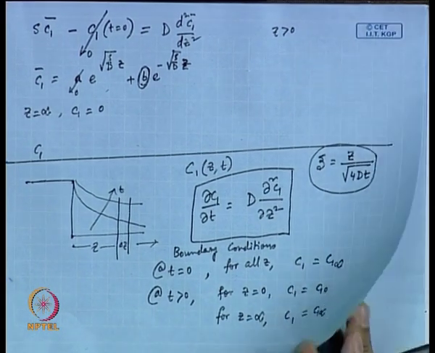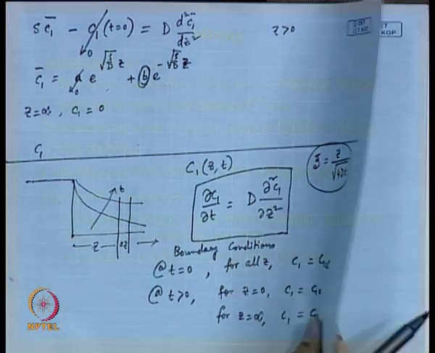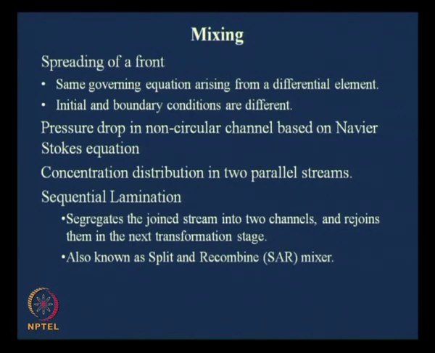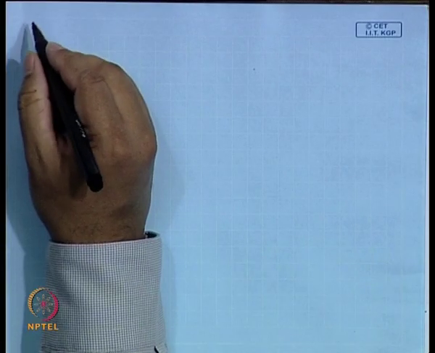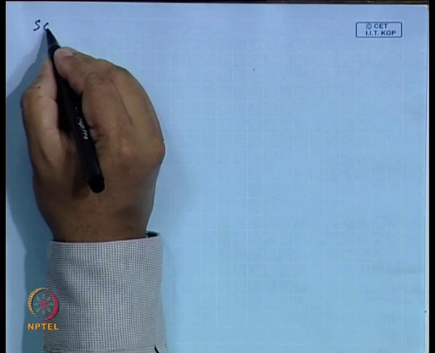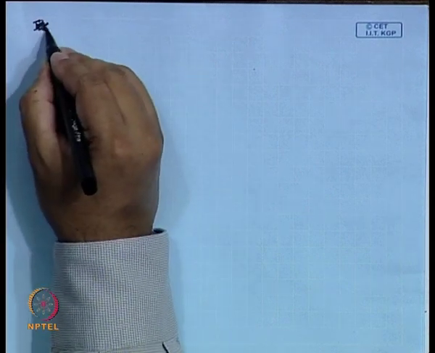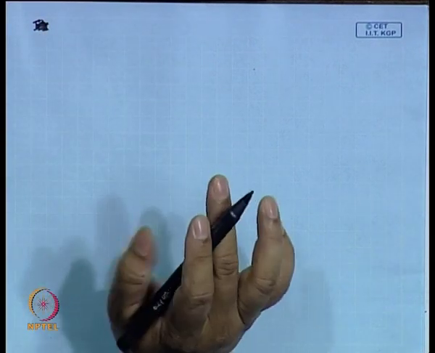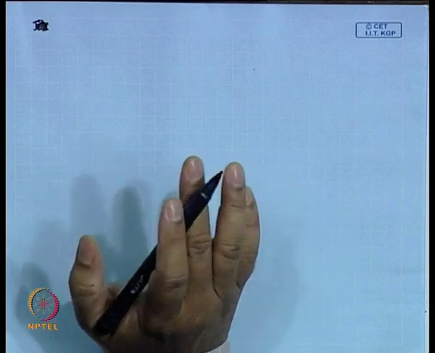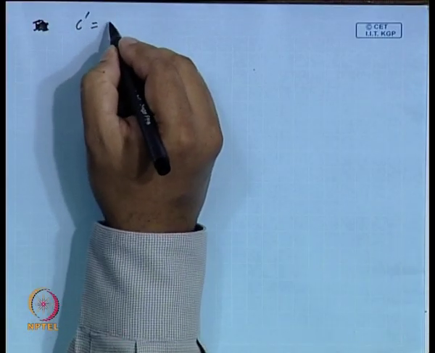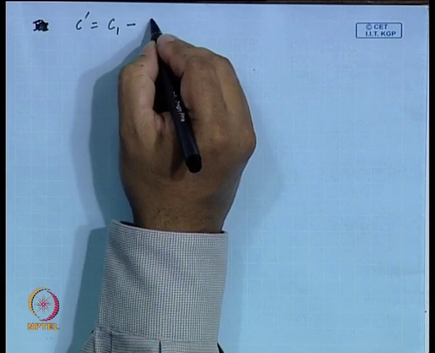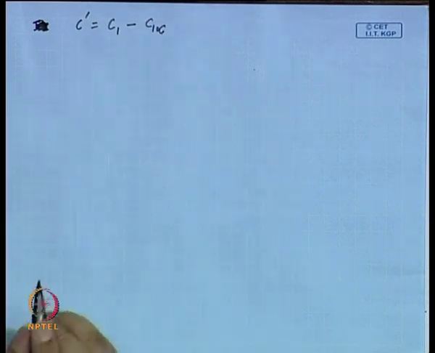However, this process would be simpler. The Laplace transform of this equation would be as before. First, since we have this C1 infinity and C1 0, instead of 0 and 1, since we defined these two terms, let me put a deviation variable C prime as any concentration C1 minus C1 infinity.